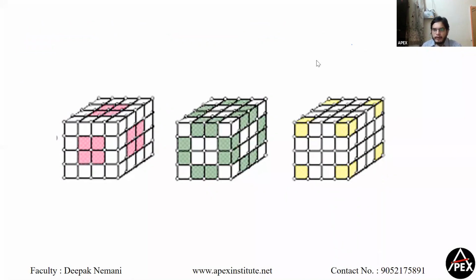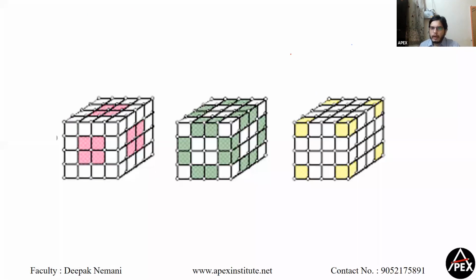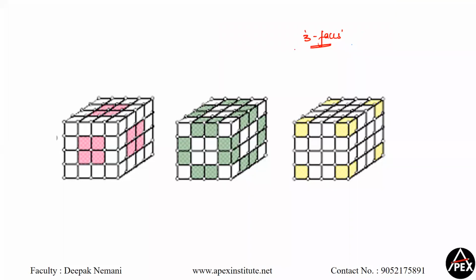Now first, let us identify what are the questions. How many smaller pieces have exactly 3 faces painted, 2 faces painted, 1 face painted, and no face painted? First, coming to 3 faces painted. Where will we have cubes with 3 faces painted? Not on the edges, only corners.